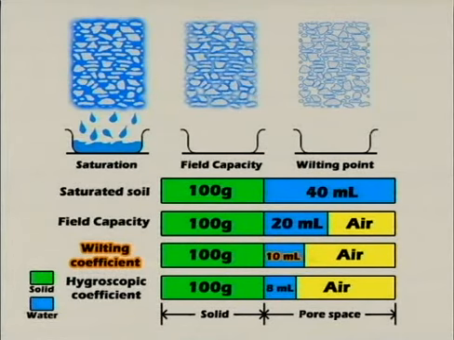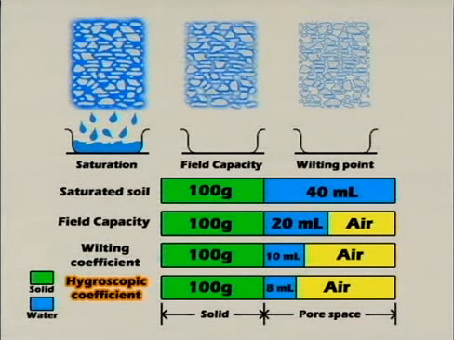But shortly after we reach the wilting coefficient, we will then reach what is called the hygroscopic coefficient. And it's illustrated here as being a small amount further down. Hygroscopic water is that water that's held so tightly by these soil particles that it's not going to be absorbable by the plant at all.